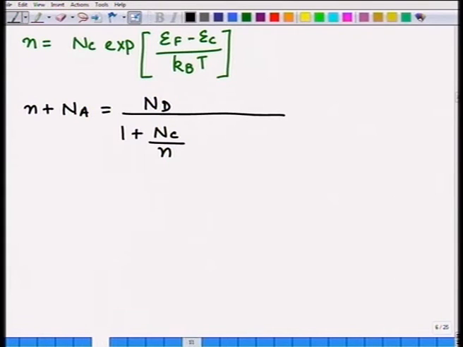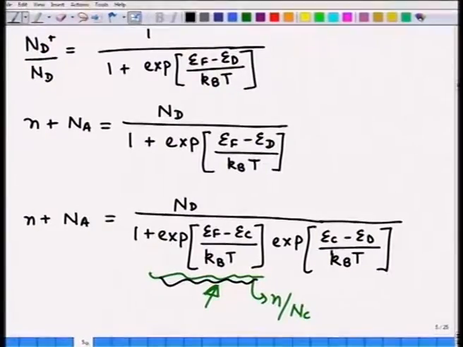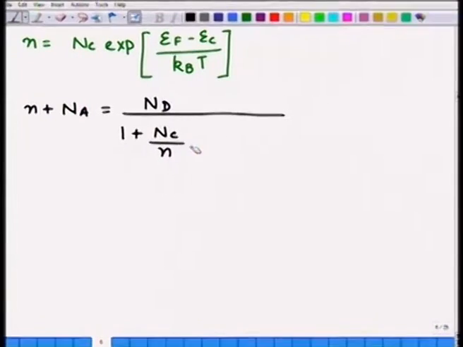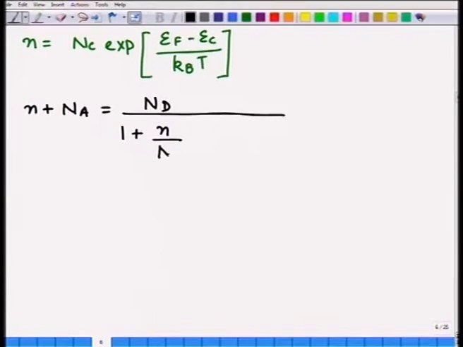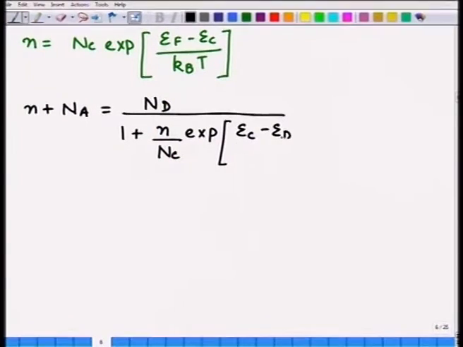This quantity we determined as N by N_c. So, we will substitute in here N by N_c, e to power (E_c minus E_d) divided by k_B T.